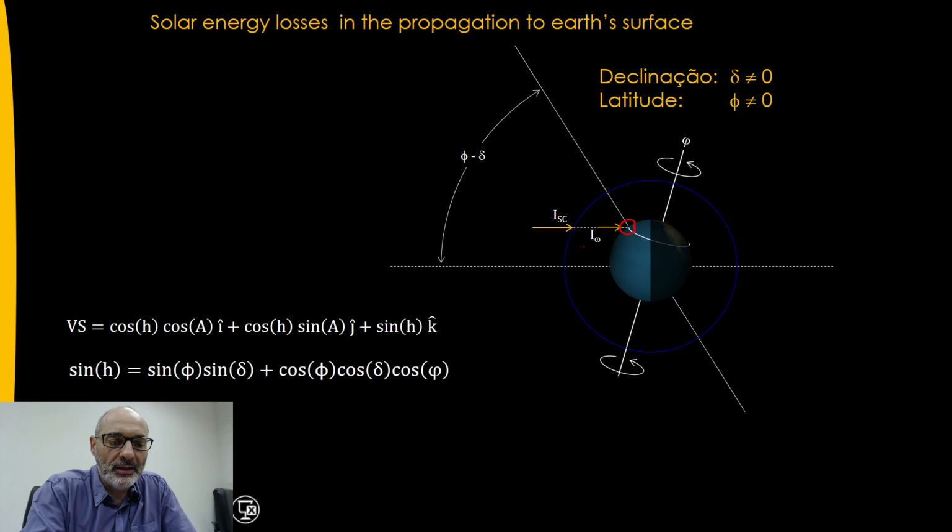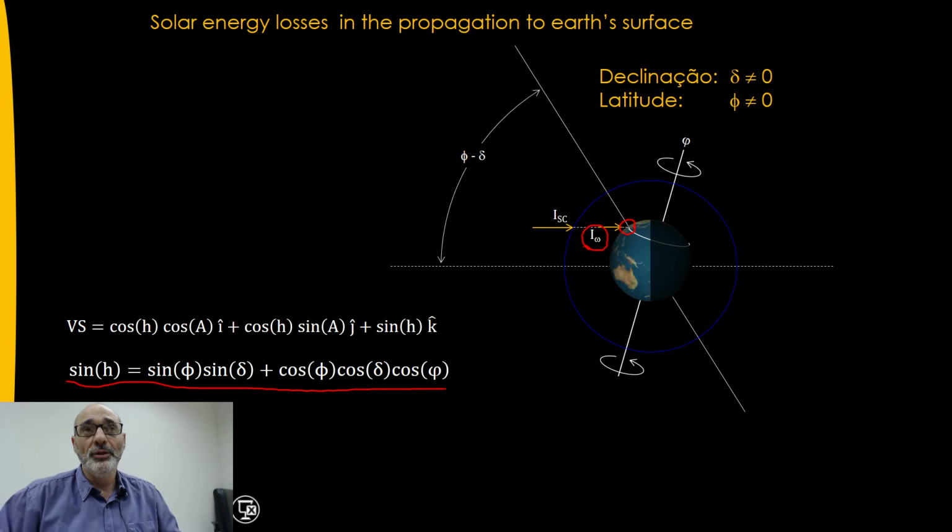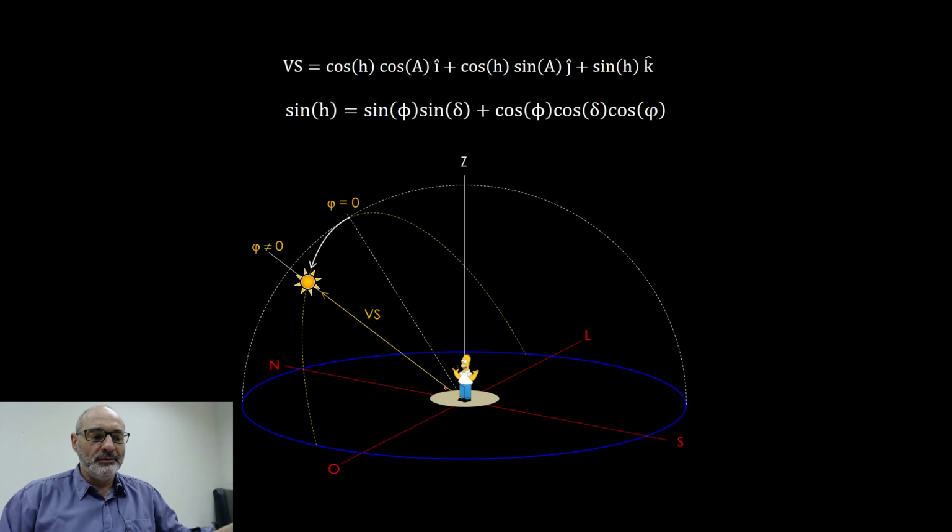The amount of energy, I omega, we know how to calculate as a function of everything, and we also know where the sun is going to be, because we know the sun vector. So what we need to do is to use these formulas in our solar power plant design.